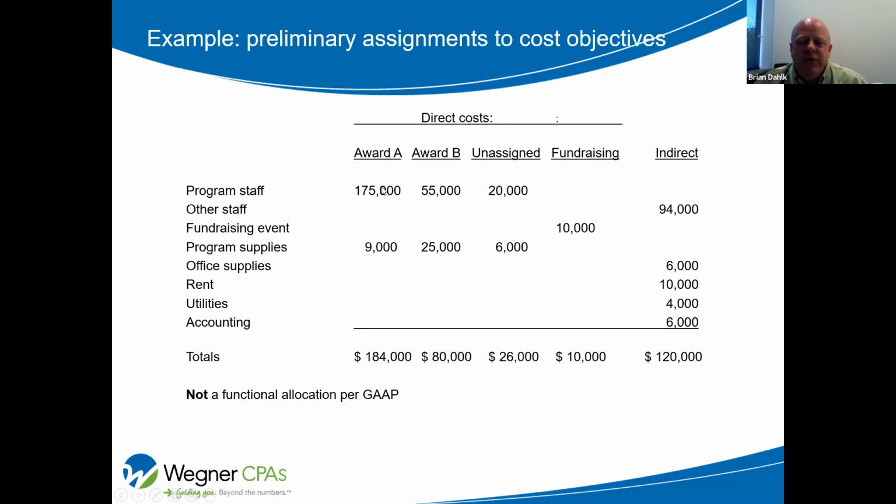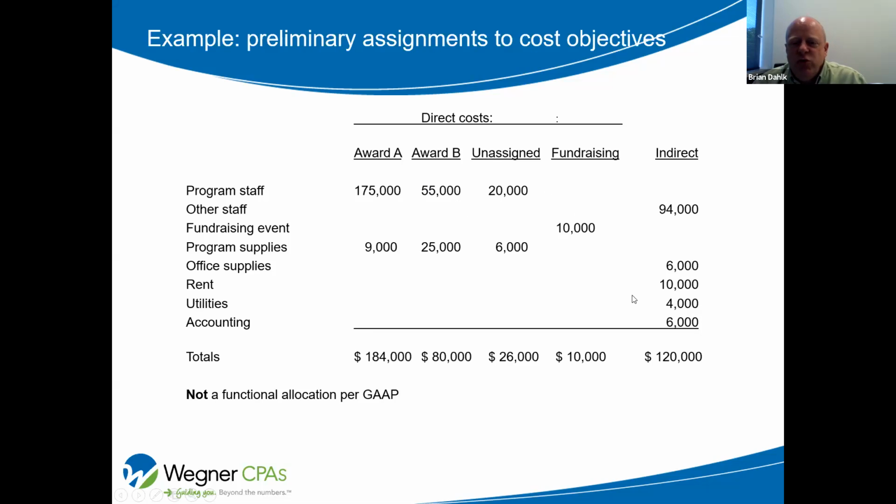This nonprofit was able to directly assign certain costs to these direct categories preliminarily, and now it has these indirect costs, which it was not able to assign directly to those categories, and it needs to allocate for award purposes.